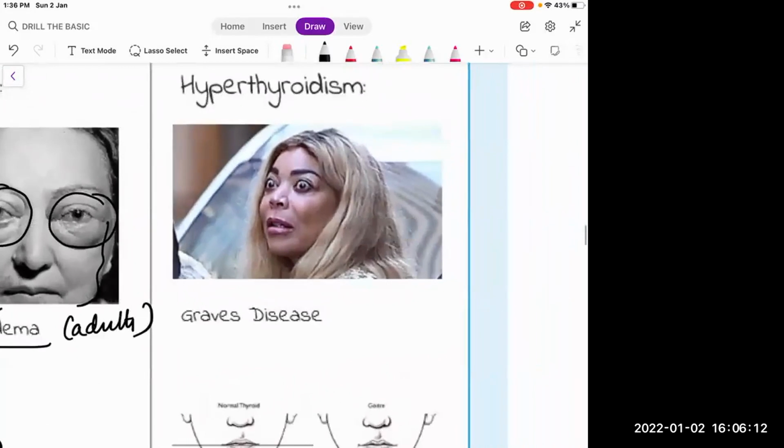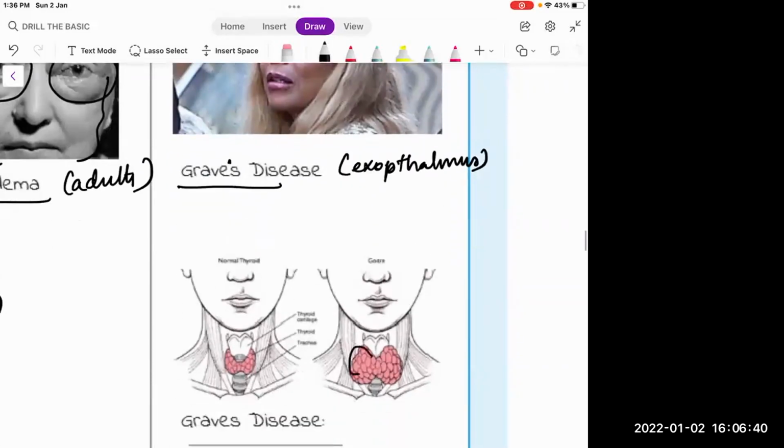And in hyperthyroidism, what you will encounter is mainly exophthalmic goiter. So exophthalmos will be seen. They will look like a person seen in a graveyard. So you call it Graves' disease. And in Graves' disease, there will be enlargement of the thyroid gland.